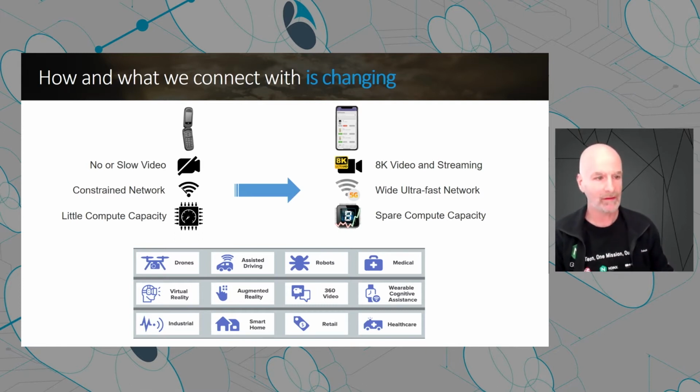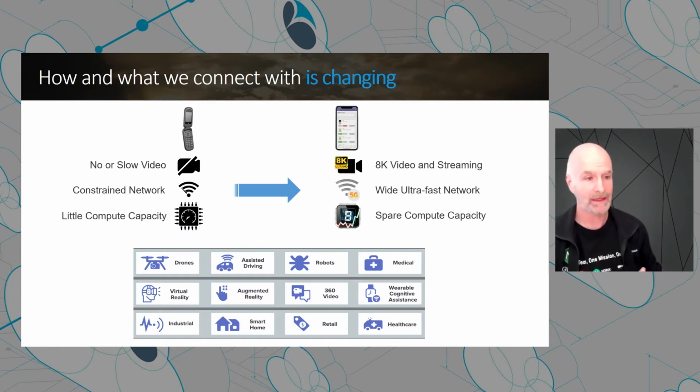These devices have masses of spare capacity, and that capacity can be harnessed by your application. The devices themselves are connecting on faster and faster networks. So, if you think about how fast your home Wi-Fi is now, and the fact that we're rolling out 5G networks, this is really causing a fundamental shift in the way that customers expect to experience your applications.